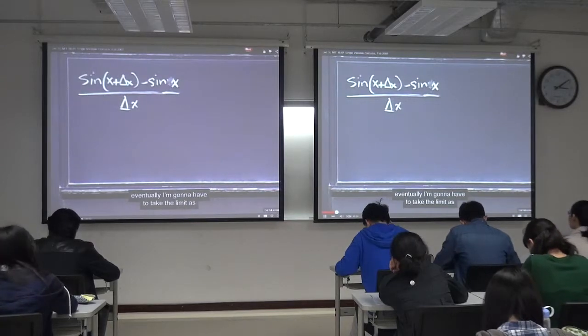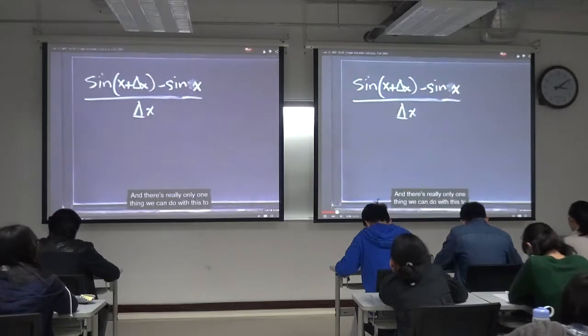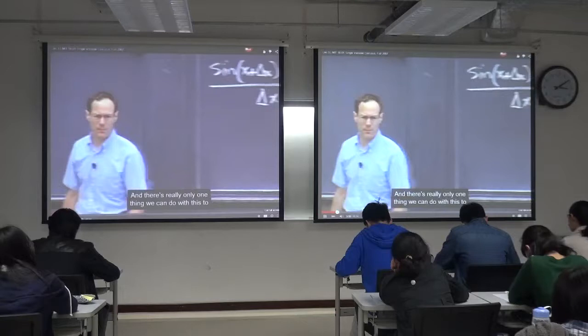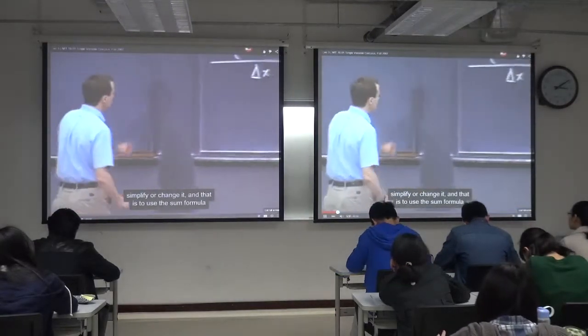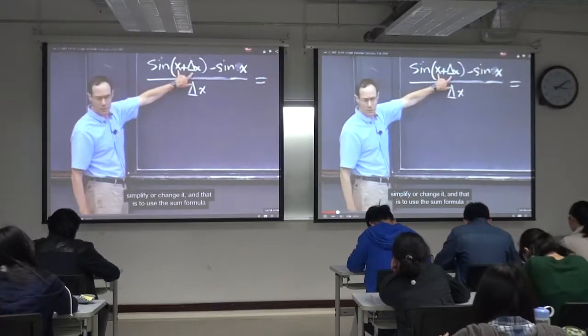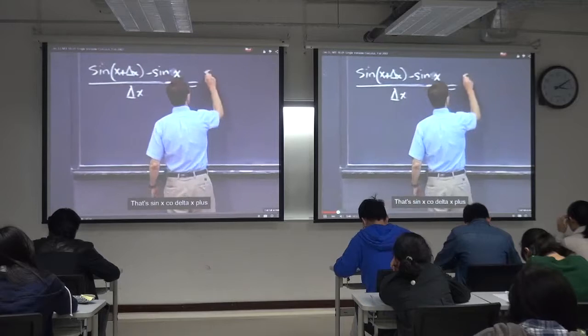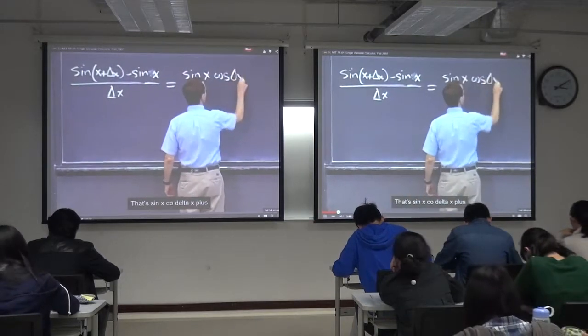And eventually I'm going to have to take the limit as delta x goes to 0. And there's really only one thing we can do with this to simplify or change it, and that is to use the sum formula for the sine function.